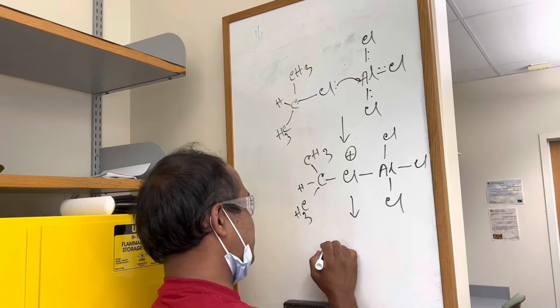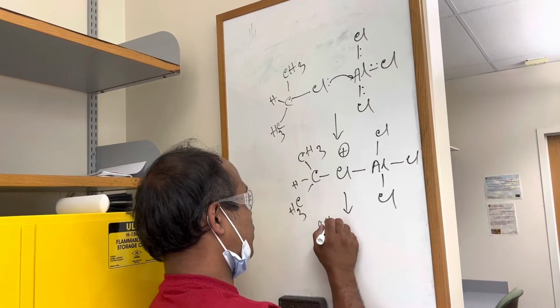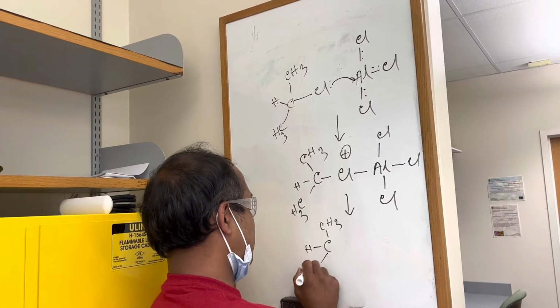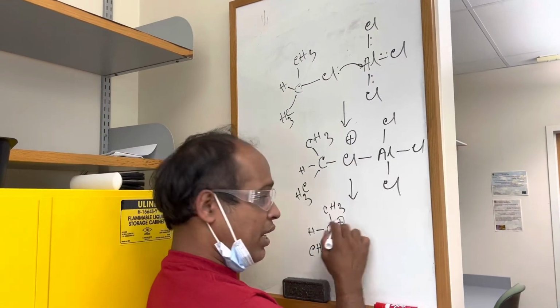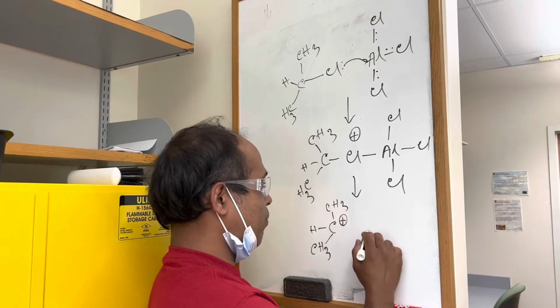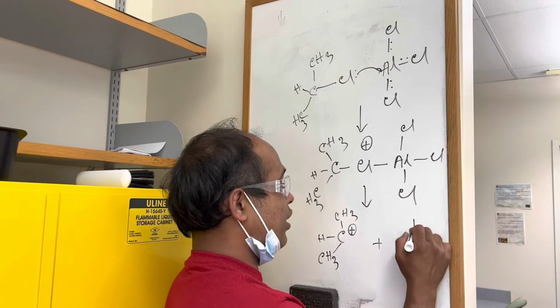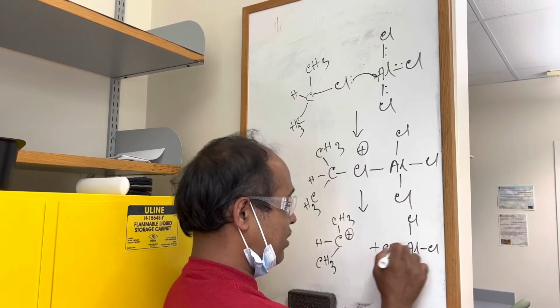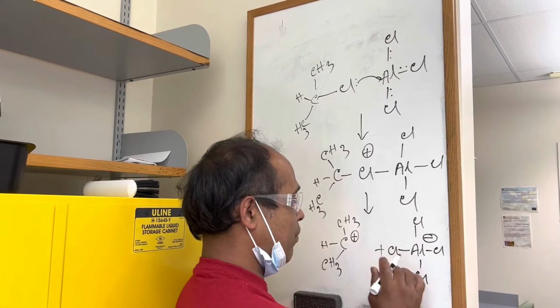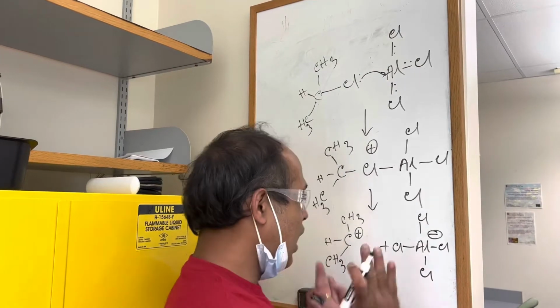One is this carbocation, with CH3, H and CH3, so this will break down. It will be a stable carbocation, plus the aluminum chloride, and since it gets this additional chloride, it will form the negative tetrachloroaluminate ion.